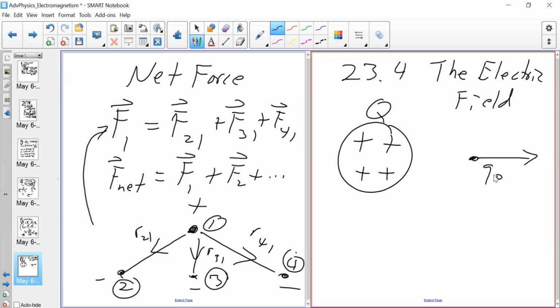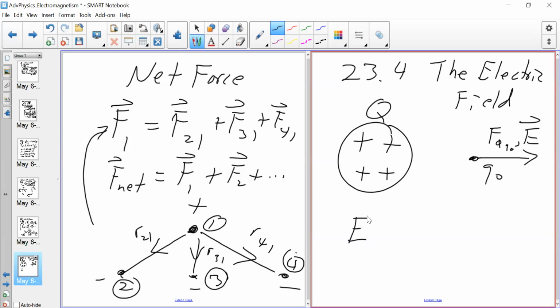And this Q naught is our test. So not only is the electric force going to be repulsive and point this way from Q on Q naught, the electric field points in the same direction. The electric field is that medium for this repulsive force to take place.